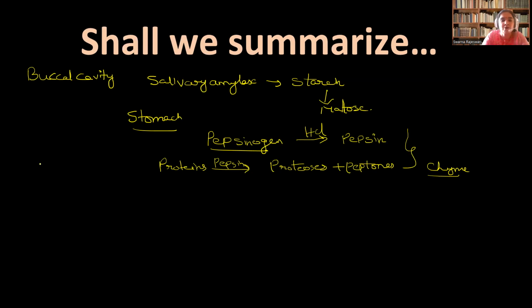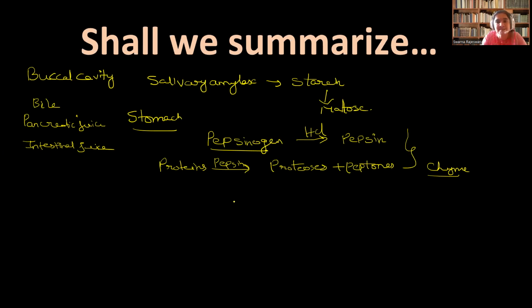In the duodenum, we know three types of juices are opening into the duodenum. That is pancreatic juice, then bile, as well as intestinal juice. Now, all these juices contain several enzymes which will be acting on that chyme, which contains proteoses, peptones.